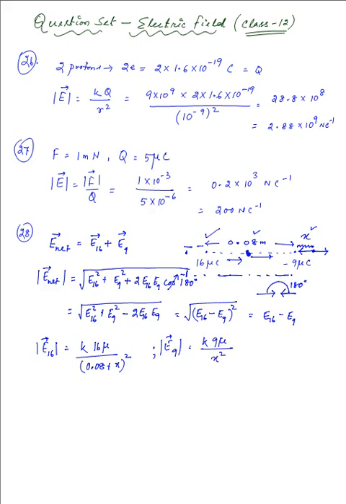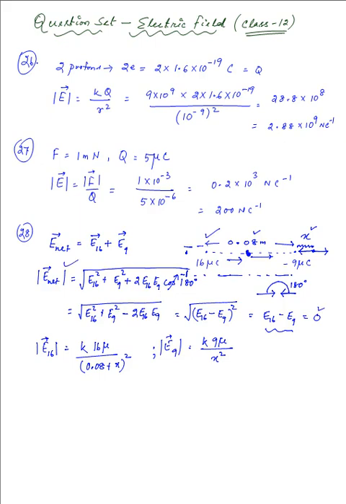Now the resultant has to be 0, because they will even out each other and there will be no net electric field.